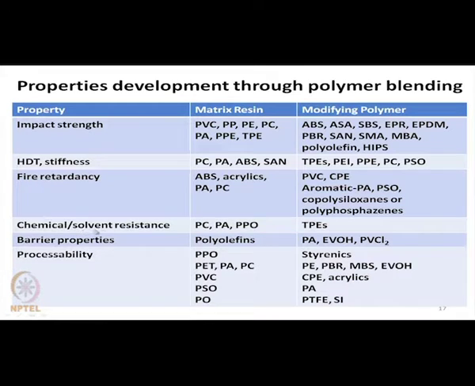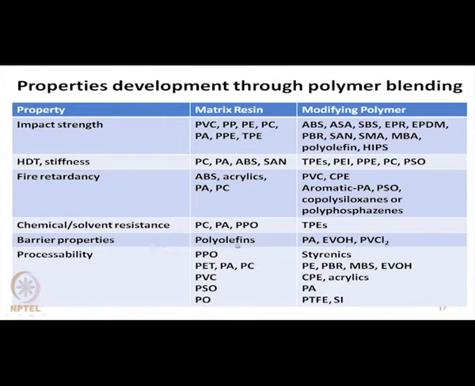Chemical and solvent resistance. Now, this chemical resistance or solvent resistance in a polymer can be improved by blending, say polycarbonate, polyamide, polyphenylene ethers. Their solvent resistance can be changed by mixing with thermoplastic elastomers. Okay.